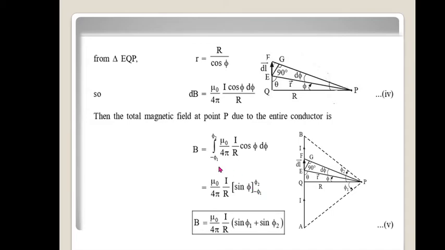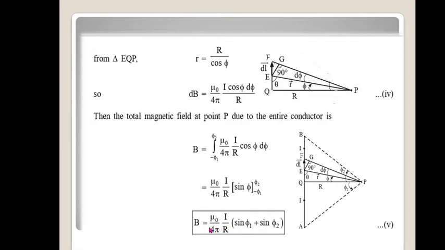The limit is minus phi 1 to phi 2. Now substitute the limit: sine phi 2 minus sine of minus phi 1, that is sine phi 1 plus sine phi 2, because minus into minus gives a plus.